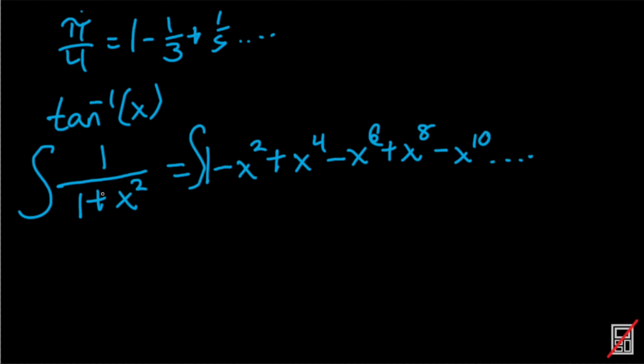And for those of you that aren't familiar with calculus, essentially what we're doing is just changing one function into another function in a special way, which we're allowed to do to both sides. And so we get x minus x cubed over 3 plus x to the 5th over 5, and so on. And you can see that when x is 1, this lines up with this.